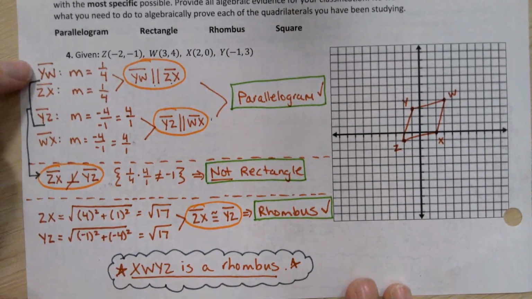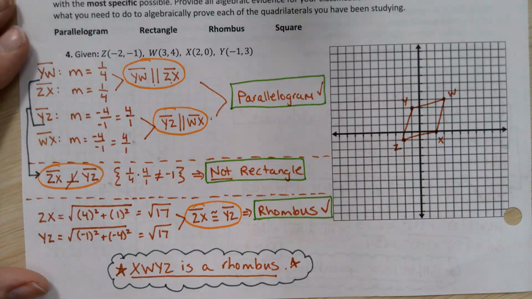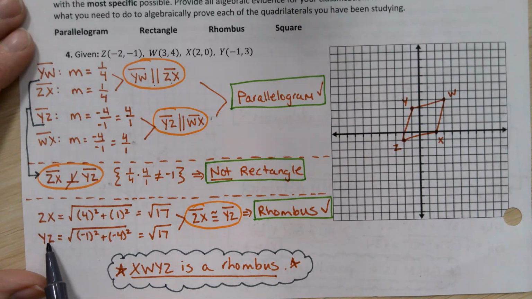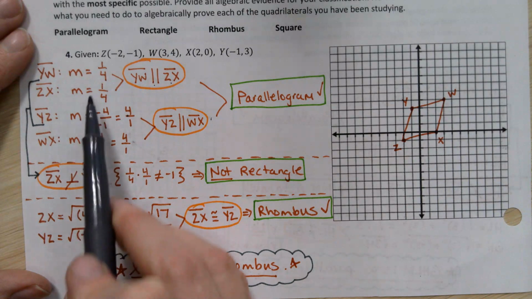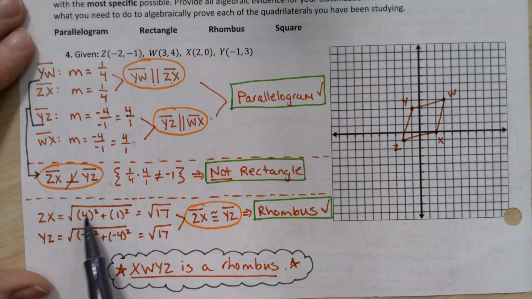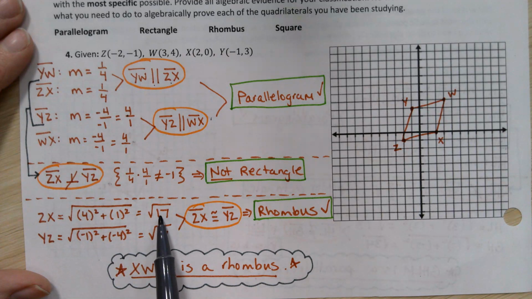Continuing on to the last part, we need to test for whether or not this is a rhombus. So I'm going to stick with segment ZX and segment YZ, but I'm looking for length this time. So the difference in my x's, which is also the same thing as my run for ZX, was 4. 4 squared plus the difference in the y's, or the rise squared, was 1. 4 squared plus 1 squared is 17.